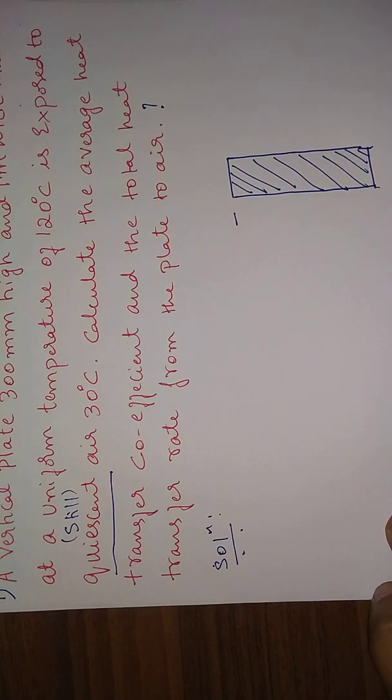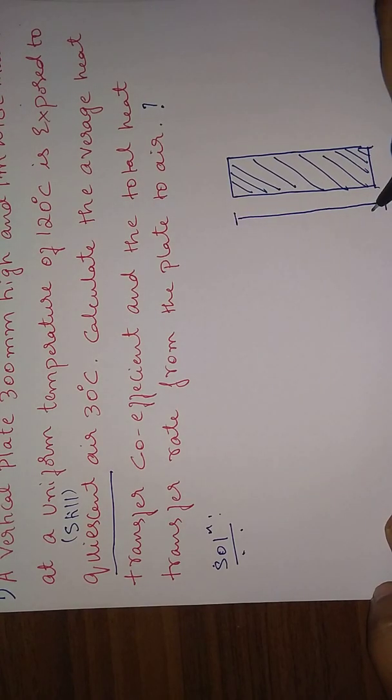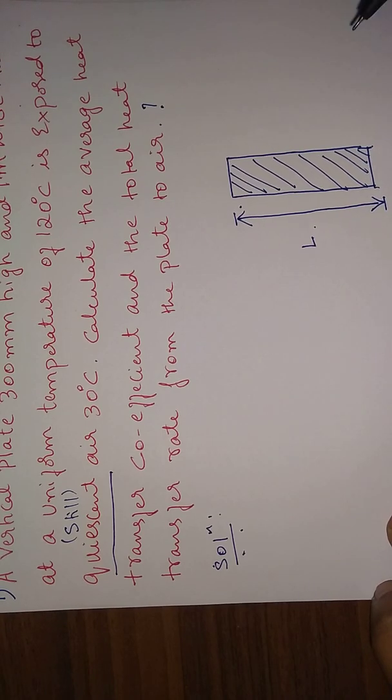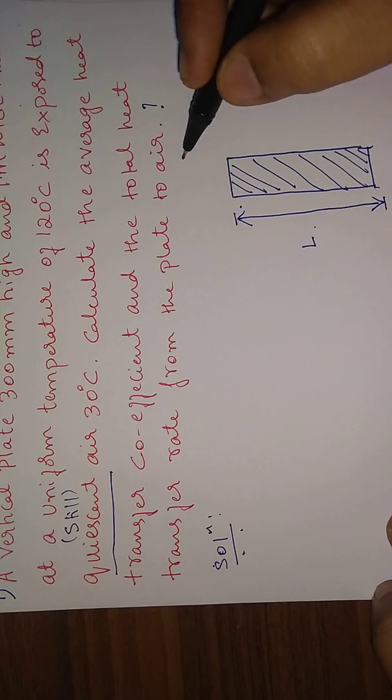It has a length L, and it is 1 meter wide, as they have given. You can consider this as the length or the height, whatever it is, and the width is this much.